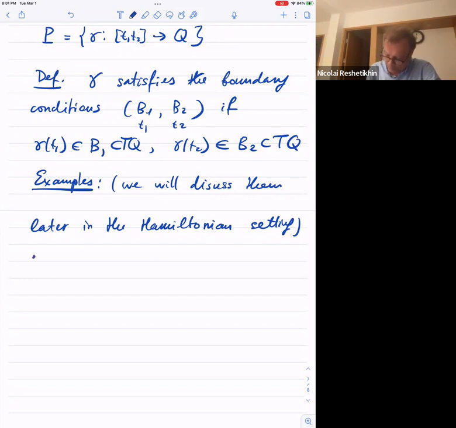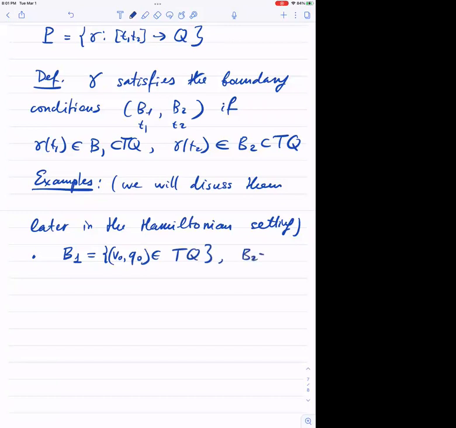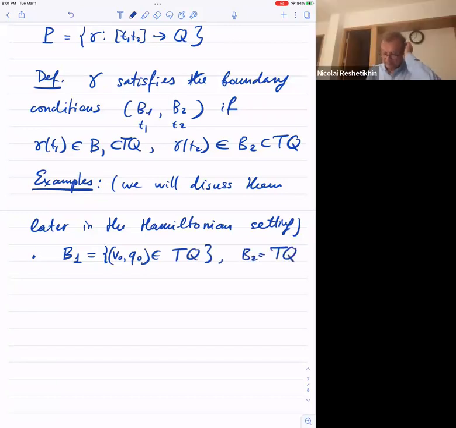First, the one that we already discussed: B1 is just a point V0, Q0 in TQ, and B2 is just the whole TQ. So we are looking for trajectories with given velocity at the time zero. So this is V0, this is some V0 prime, and so on. So we fix the velocity and we fix the trajectory, at least locally.